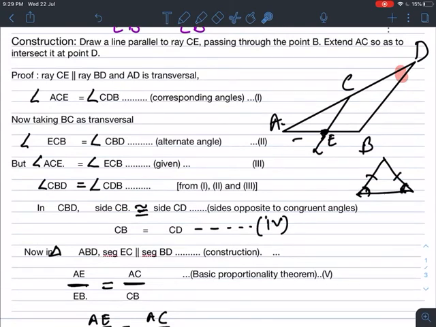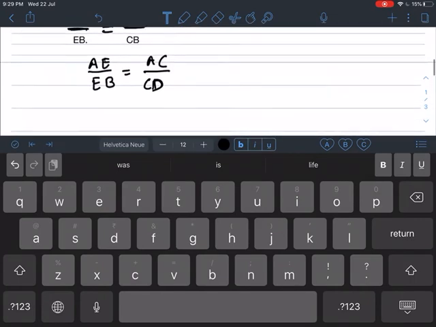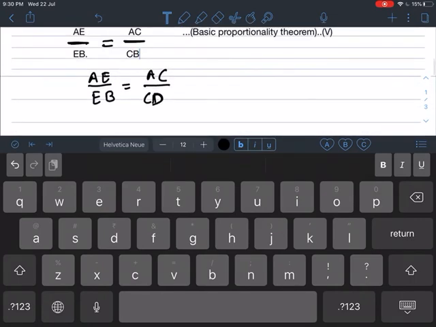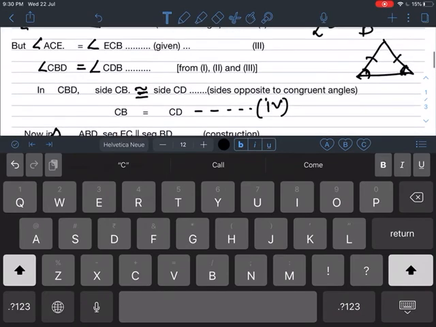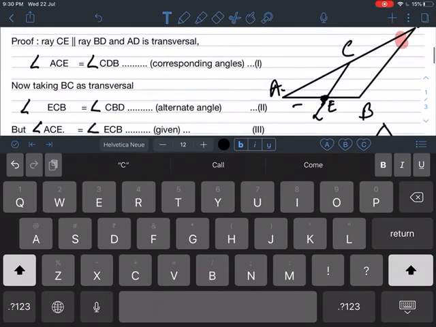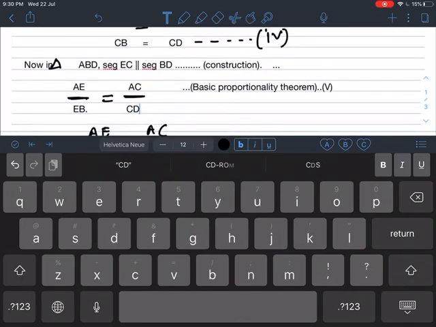Here by the basic proportionality theorem, AE upon EB is equal to AC upon CD, we have to write CD, not CB. Okay.